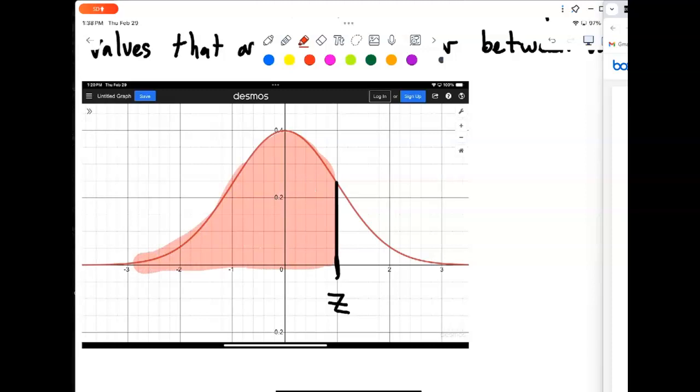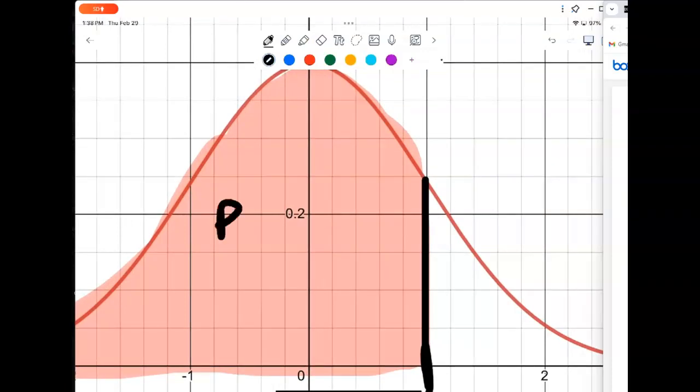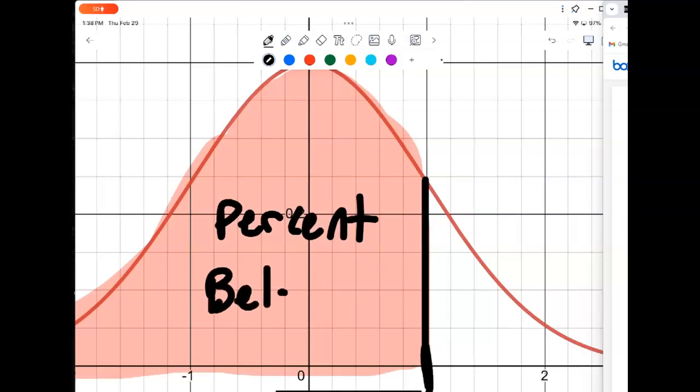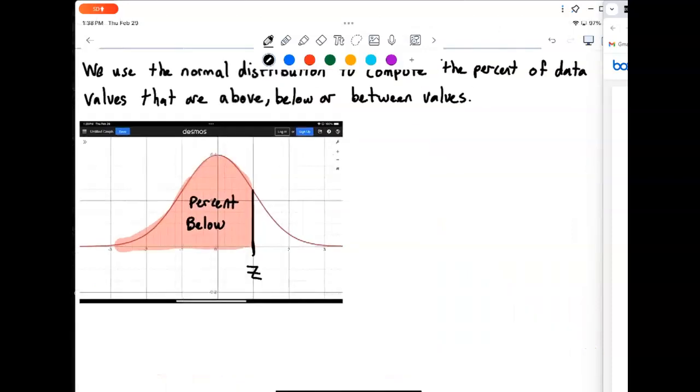So we're going to have a chart, and what that chart's going to tell us is the percent that falls below a given level. And this will make a little more sense once I show you the chart. So percent below.